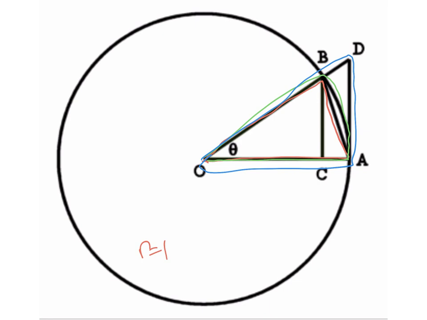It includes this little area here, so it must be bigger. And both of those are smaller than the large triangle OAD. We're going to use that fact to build our inequality for the hypothesis of the Sandwich Theorem.